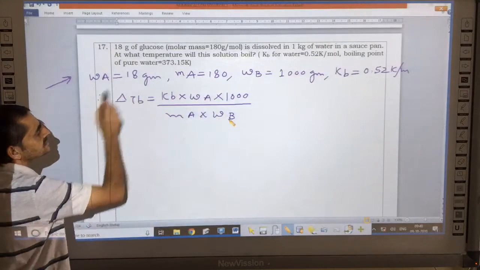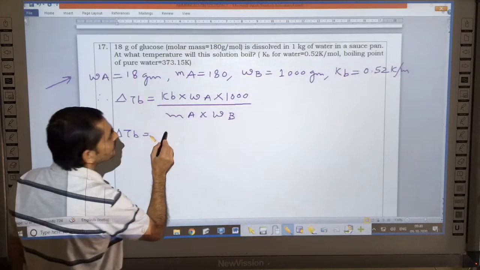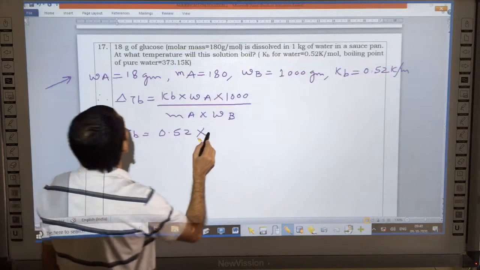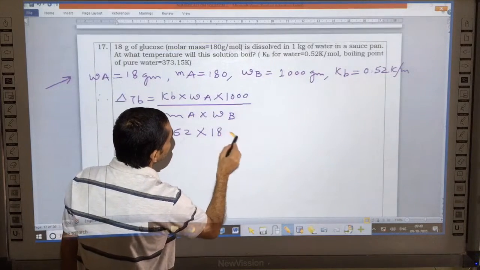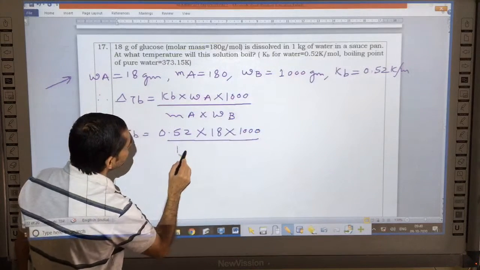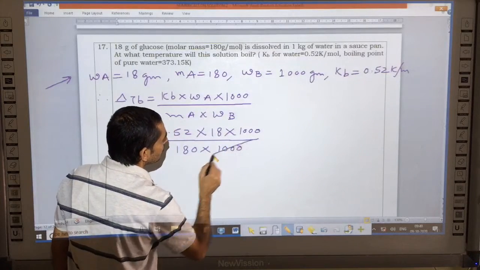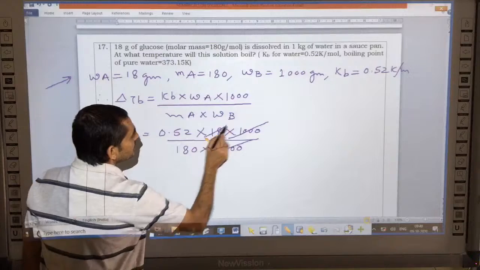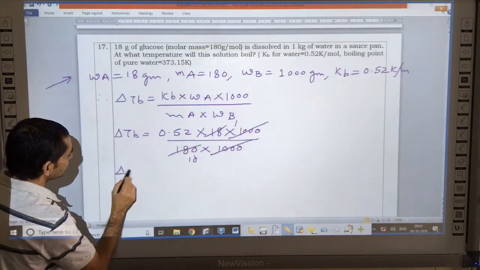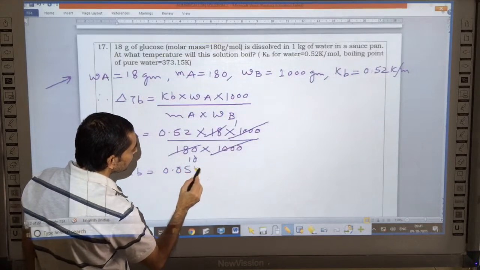First we will calculate this elevation. Delta Tb is equal to 0.52 into Wa, where Wa is 18, into 1000 upon 180, the molar mass, into mass of water 1000 gram. 1000, 1000, 18 1 ja, 18 10 ja. We divide it, we will get delta Tb. So delta Tb comes to be 0.052 Kelvin.